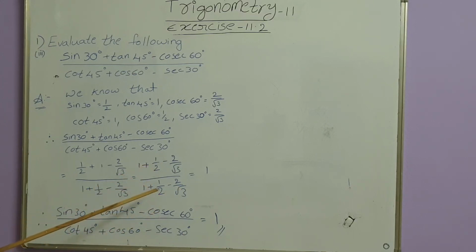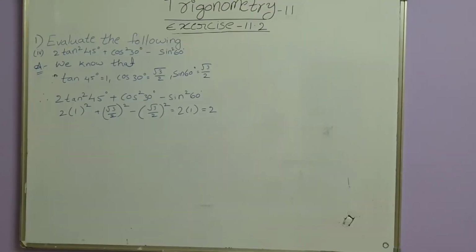These two terms are equal, so cancel. We get 1. So, therefore, sin 30 degrees plus tan 45 degrees minus cosec 60 degrees by cot 45 degrees plus cos 60 degrees minus sec 30 degrees is equal to 1.